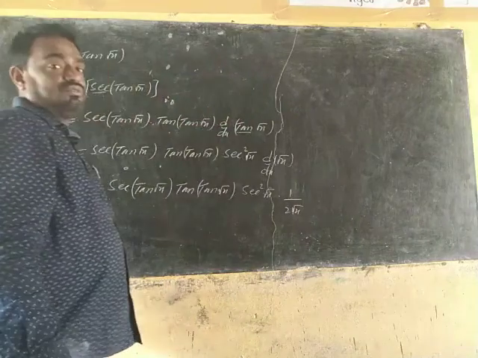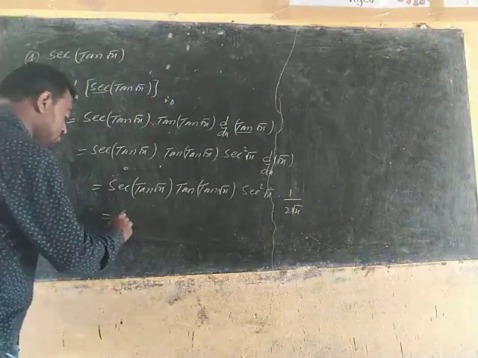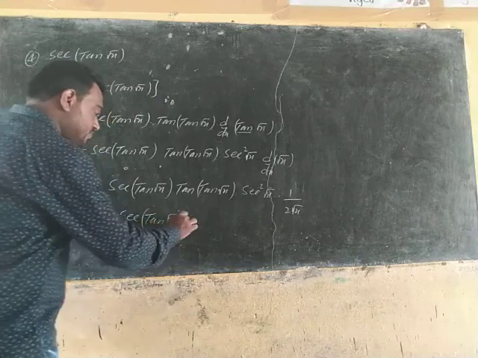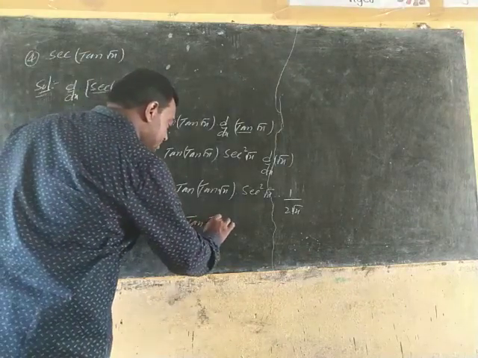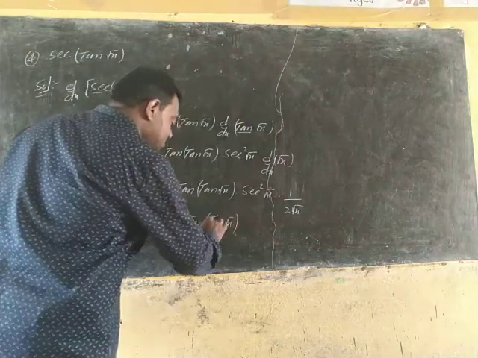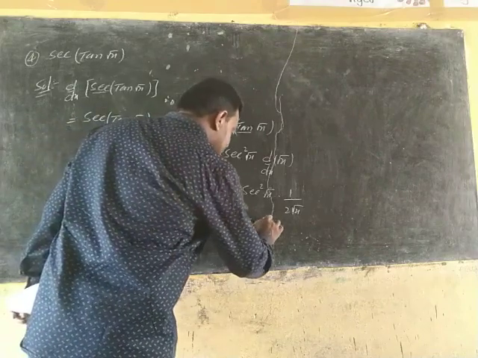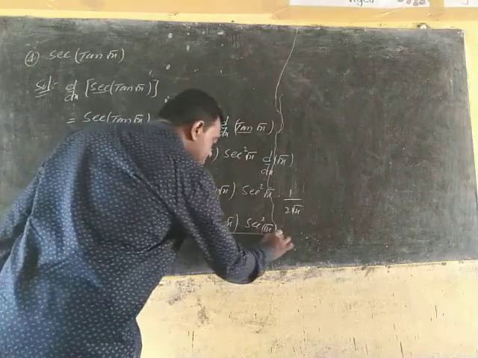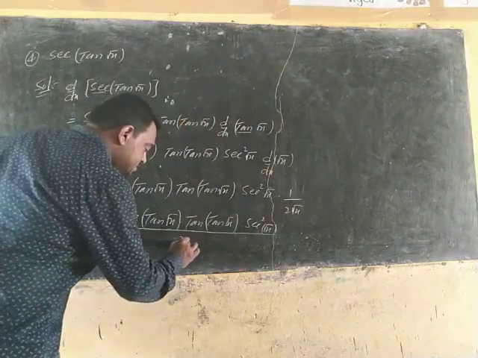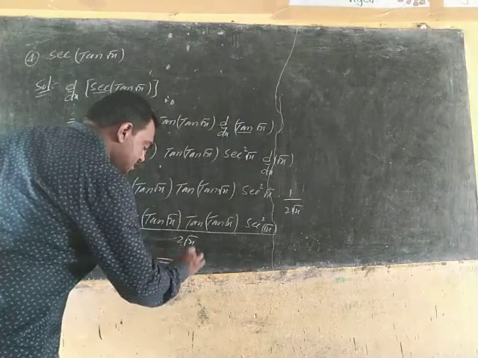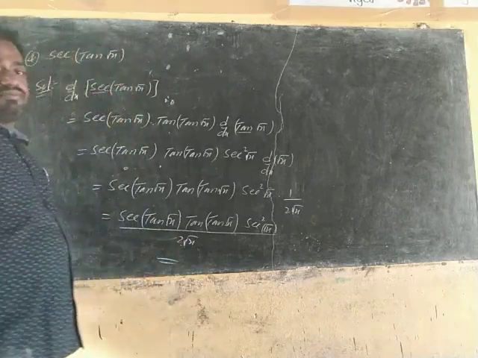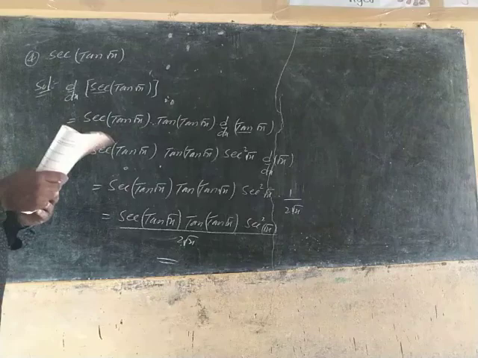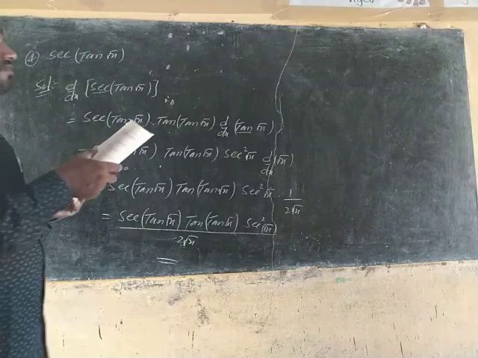This is equals to secant of tan root x into tan of tan root x into secant square of root x by 2 root x. This is our answer. You see the answer. And next, coming to fifth question.